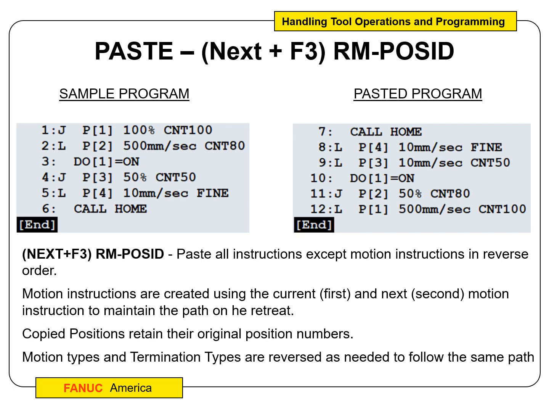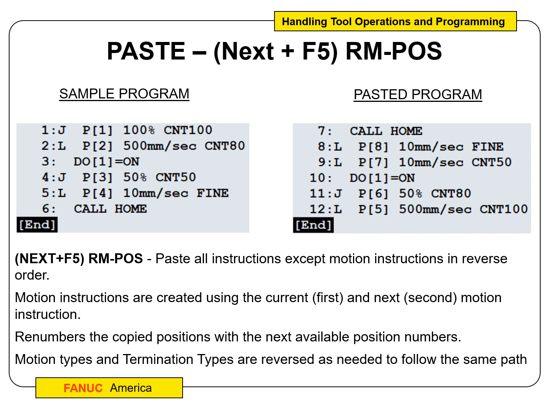So again, it takes it and replaces it, and it does a pretty good job to reverse as needed. And then pause is short for position. So now here you update your position numbers; you can use this outside of a program, but now P1 becomes P5, P2 becomes P6, and so forth.